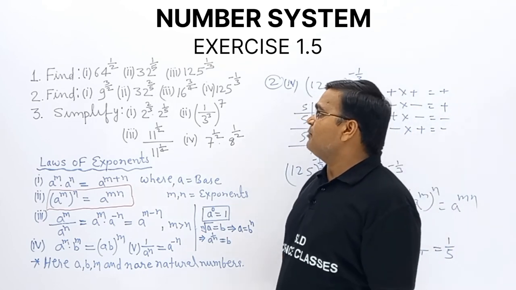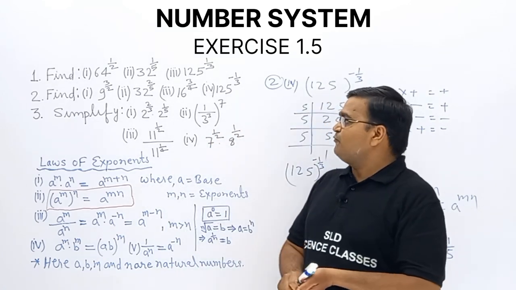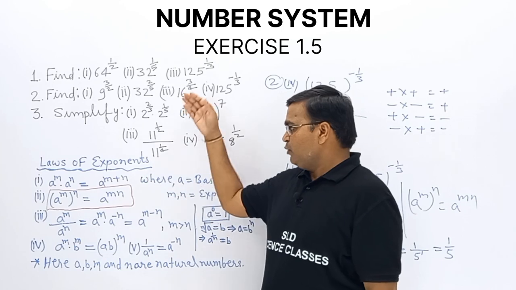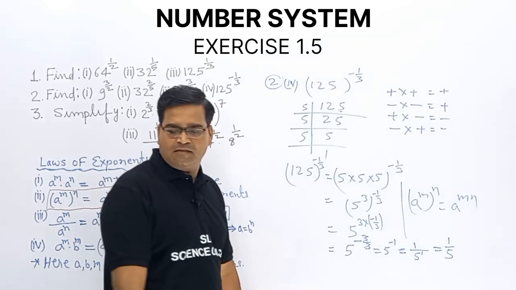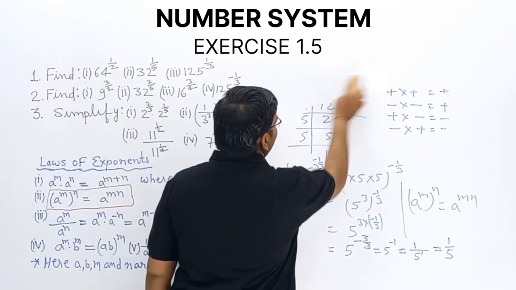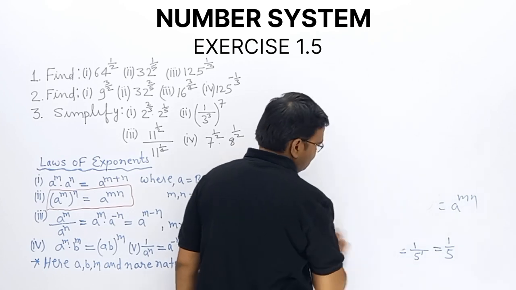Now question number third, simplify these questions. In this we have 4 questions, we want to simplify each, and we will use some laws. Easy. How? I am writing it there, question number third, first one. Now what is the question?